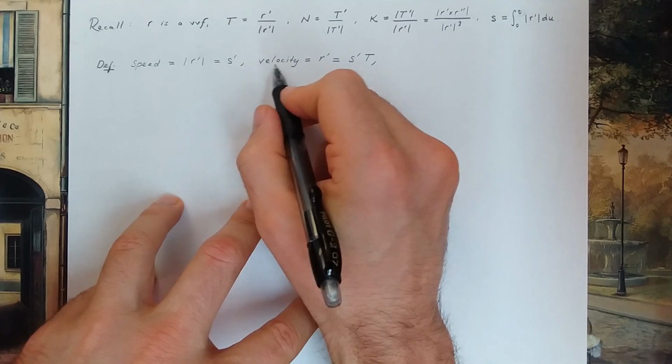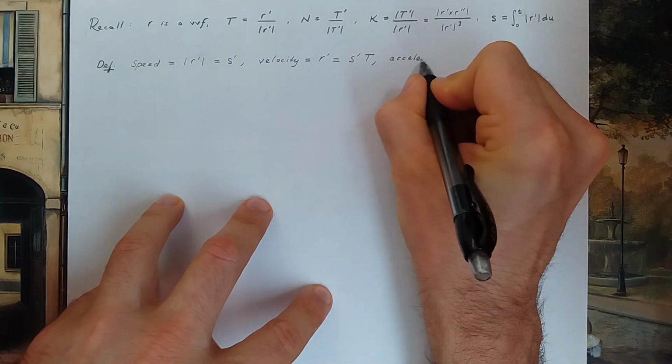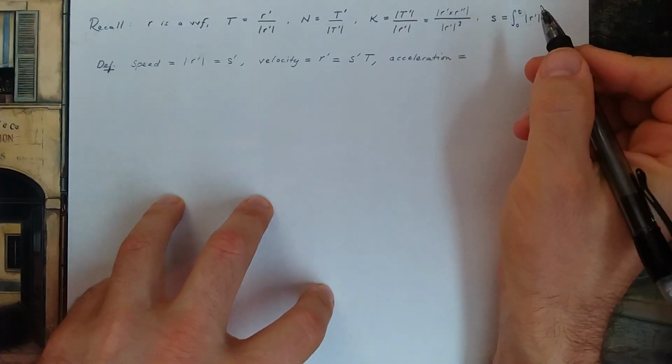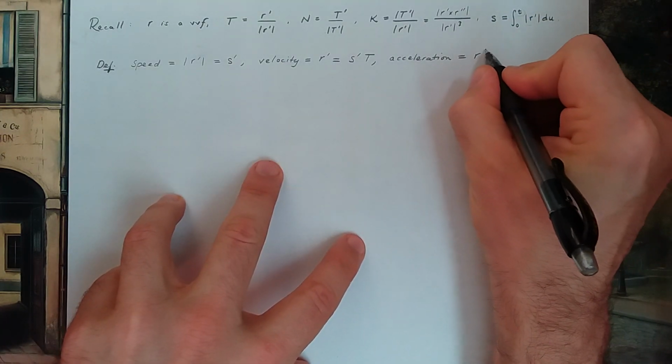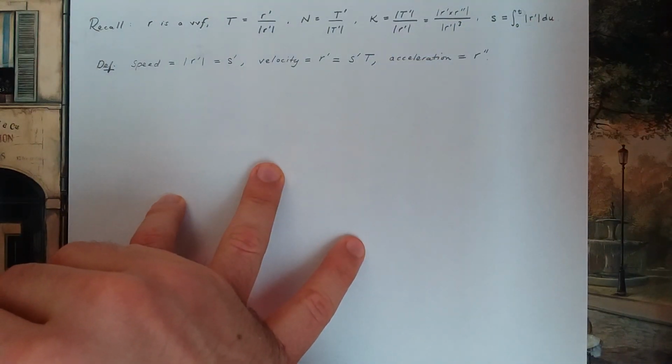The last new term I'd like to define is acceleration. Acceleration is defined to be the second derivative of your vector-valued function.